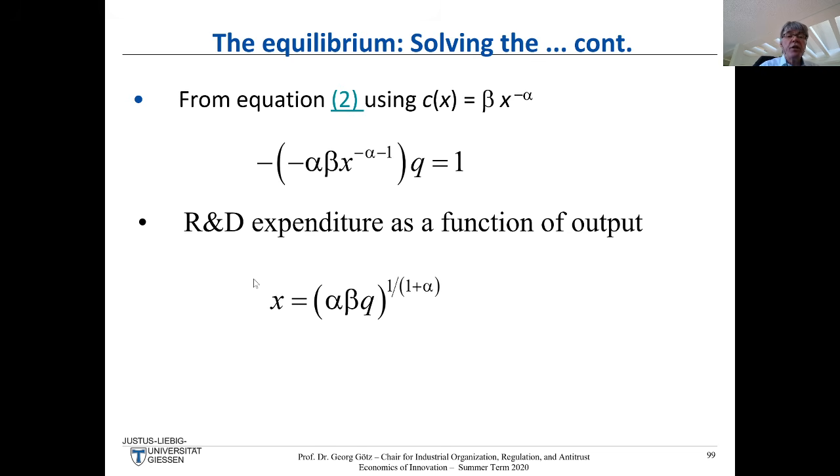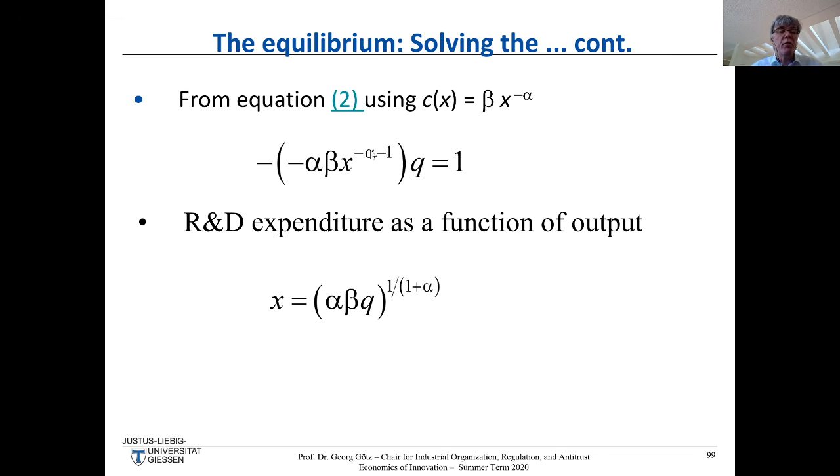Additionally, alpha: if you look up at the cost function, alpha just gives you how productive R&D is. In a sense, it's an elasticity giving you an indication of how many percent your marginal costs go down if you increase your R&D expenditure by 1%.